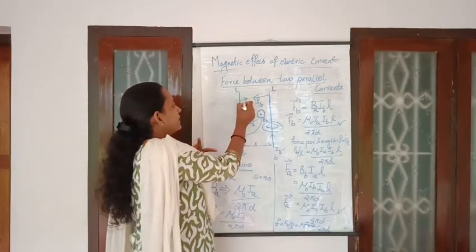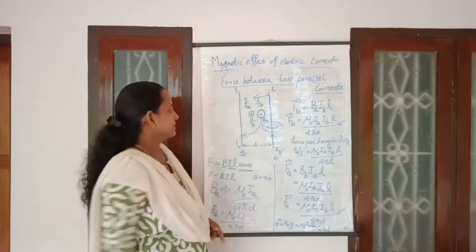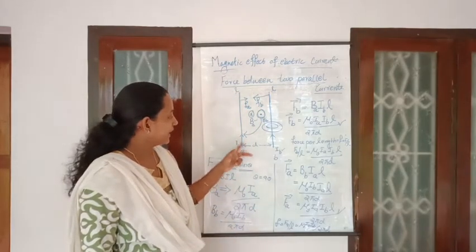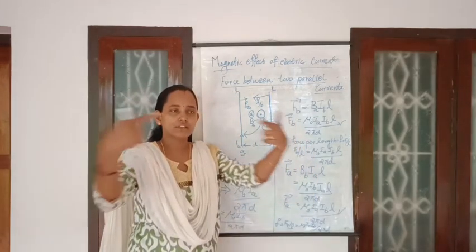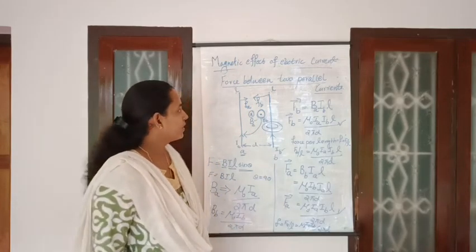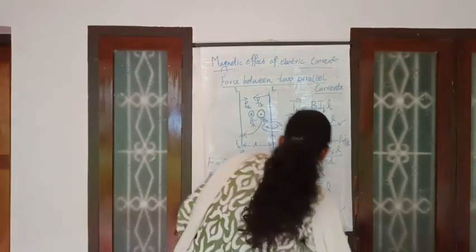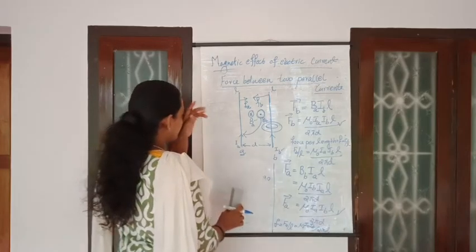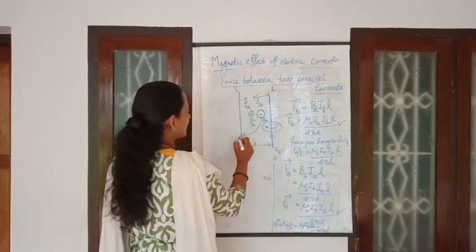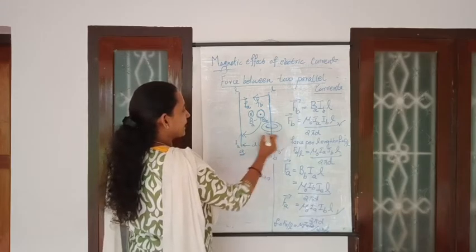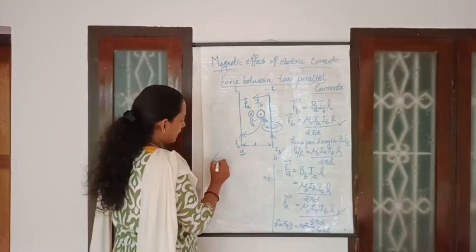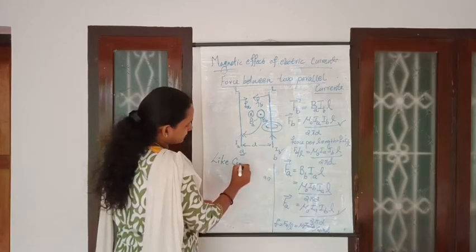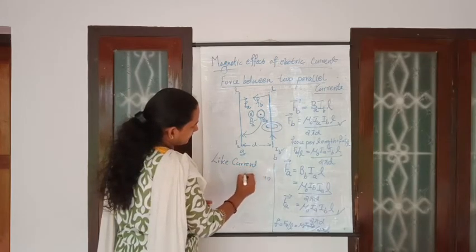Therefore, F_A is equal in magnitude, acting towards the other conductor. Therefore, you can say that the current is passing through both in the same direction, so like currents attract.